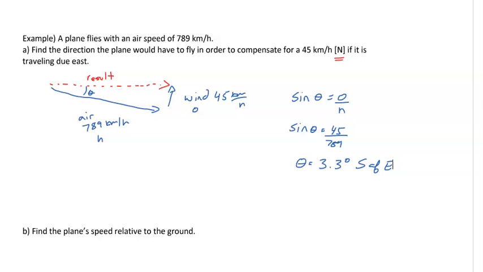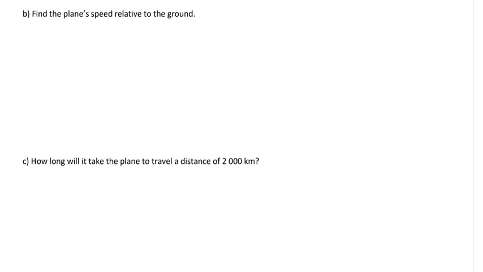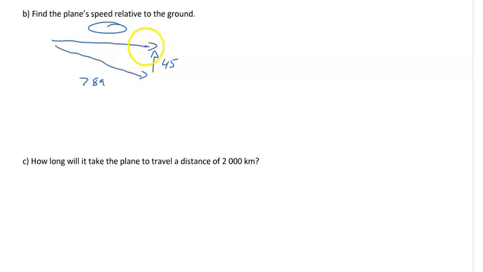Now, part B asks us, what is the speed relative to the ground? Well, our result, we know again this was 45. We know this is 789. So what we're really looking for is this side.